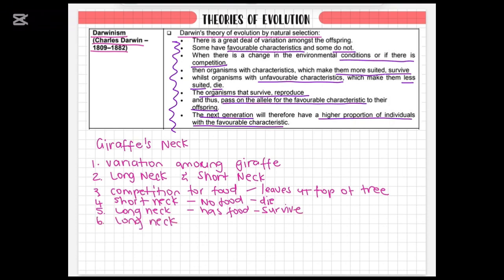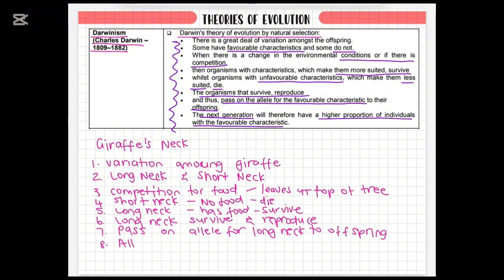They're able to survive and therefore reproduce. So when they reproduce, they're going to pass on the allele for long neck to their offspring. And the last part will be that the next generation will have a higher proportion of individuals with long necks.